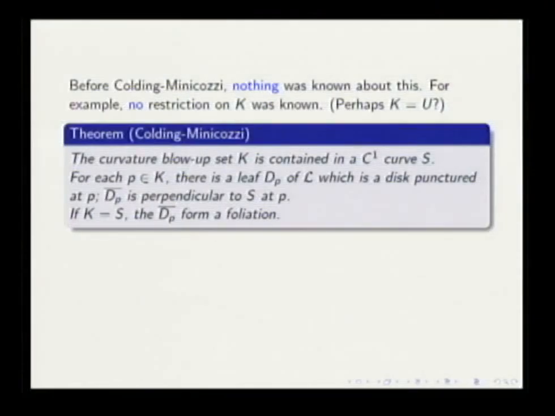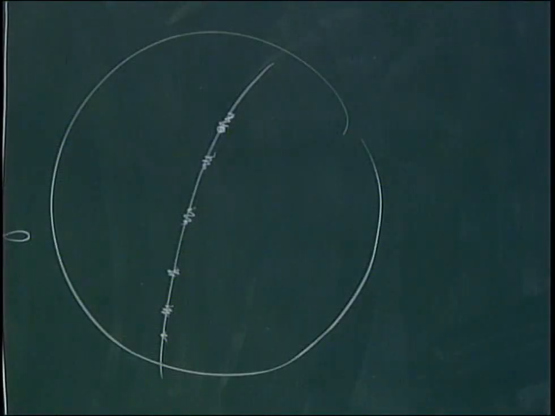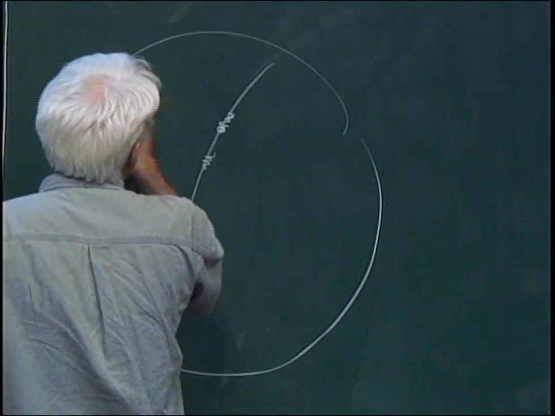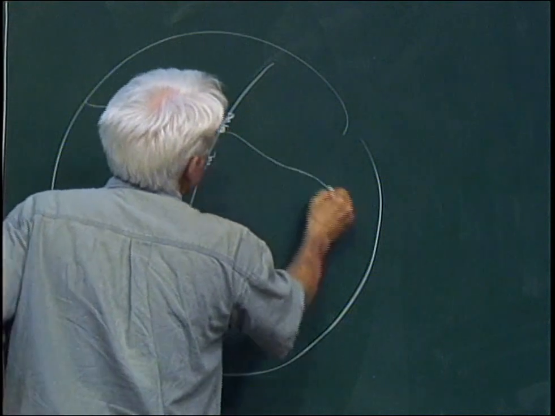Furthermore, for each point in that closed subset, where the curvature blows up, there's a leaf of the lamination which is a punctured disk. It's a properly embedded minimal disk that is punctured exactly at that point.